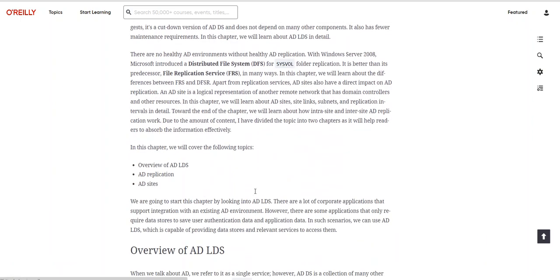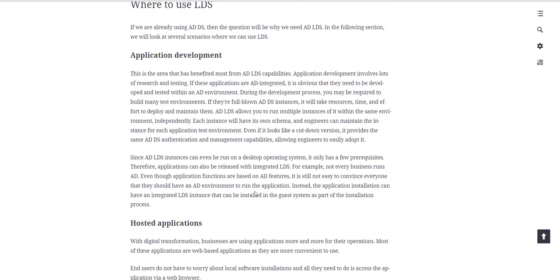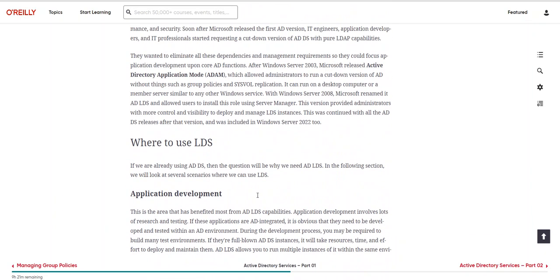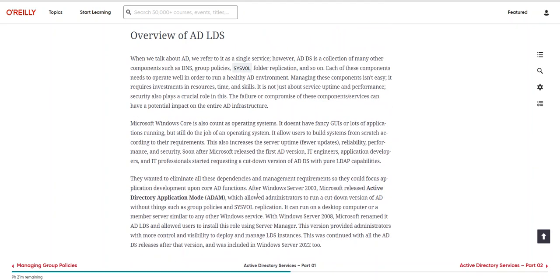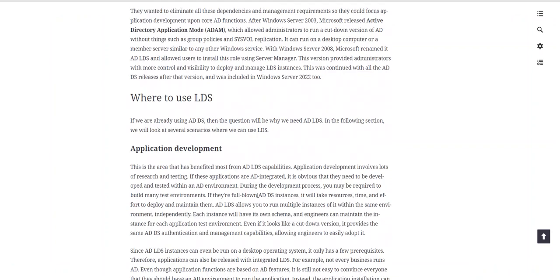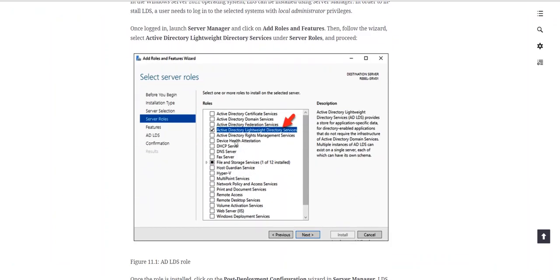And in this one, we're dealing with lightweight directory services. So with that said, scroll down a little bit. So here's the one that we're dealing with here.